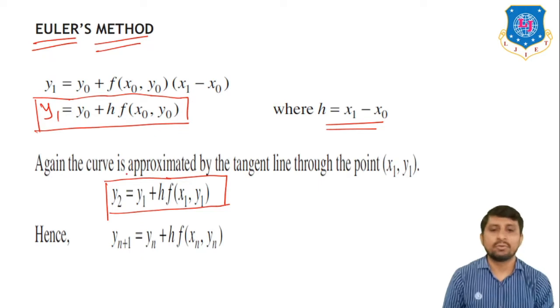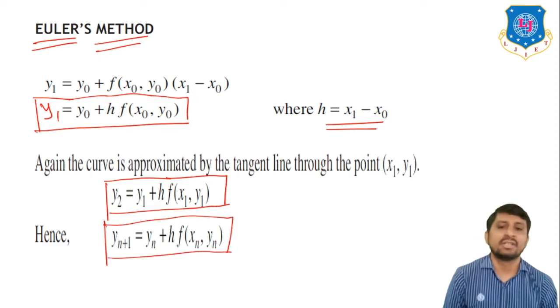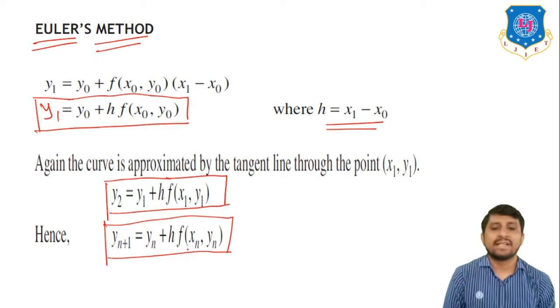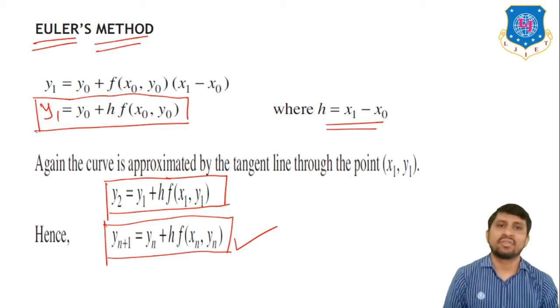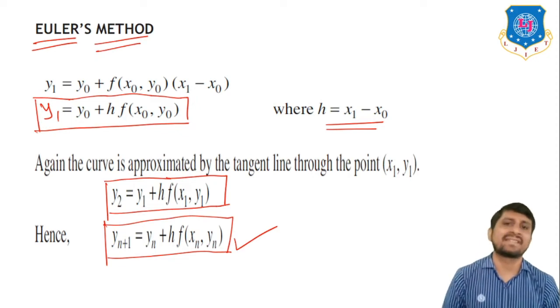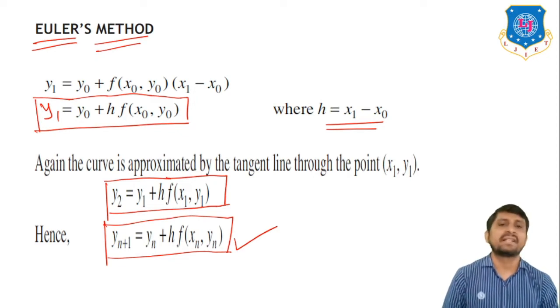Now you have to use x1, y1 instead of x0, y0. In general, y n plus 1 is equal to yn plus h f of xn, yn. So remember this formula. Let's try to solve some example using Euler method.